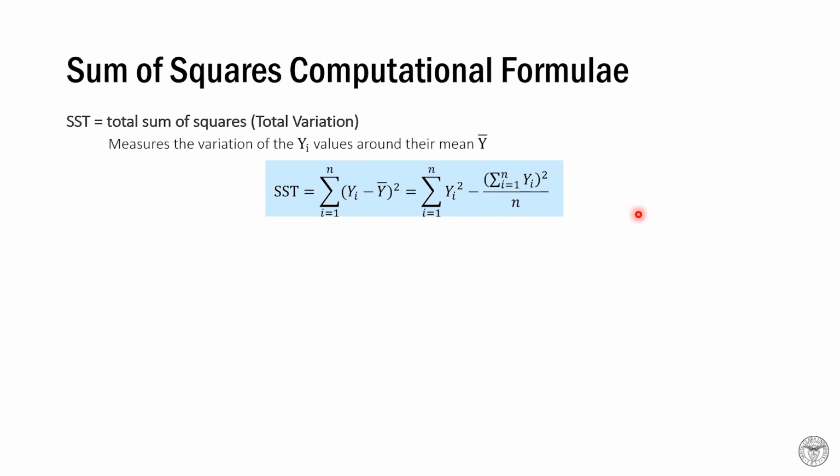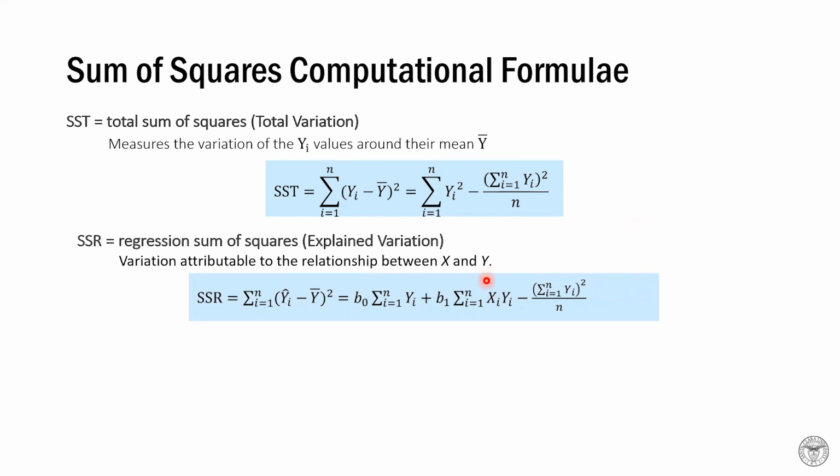In specific, the total variation is given by SST equals summation from i equal to 1 to n of (y sub i minus y bar) squared, which is also equal to summation from i equal to 1 to n of y sub i squared minus (summation i equal to 1 to n of y sub i) squared over n.